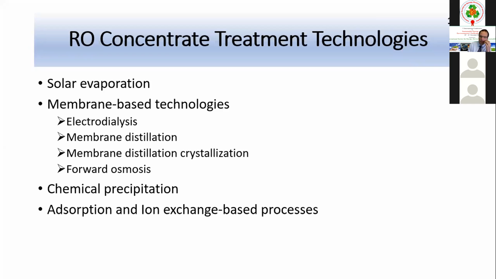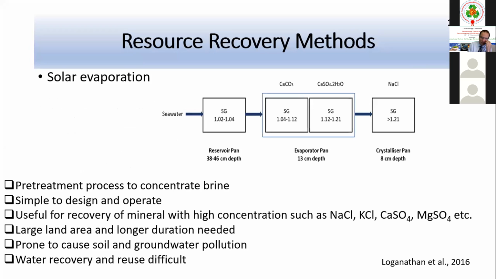To give you a brief idea about some of these technologies, I'll go through each one separately. The first one, solar evaporation, is perhaps one of the oldest technologies, used particularly in seashore areas, where pans are created. The first pan is the influent pan, then there is an evaporator pan and then a crystallizer pan. In these pans, based on the saturation index, the minerals are crystallized and recovered.